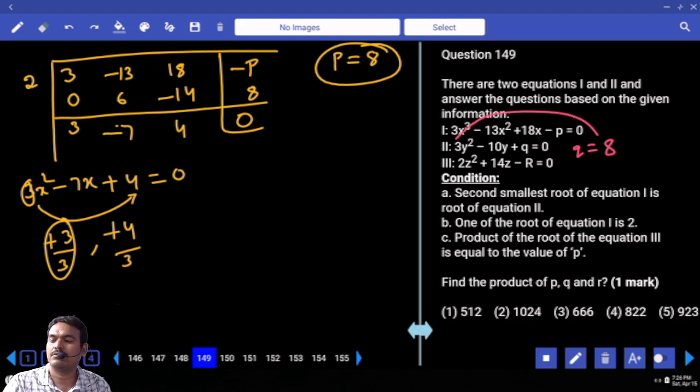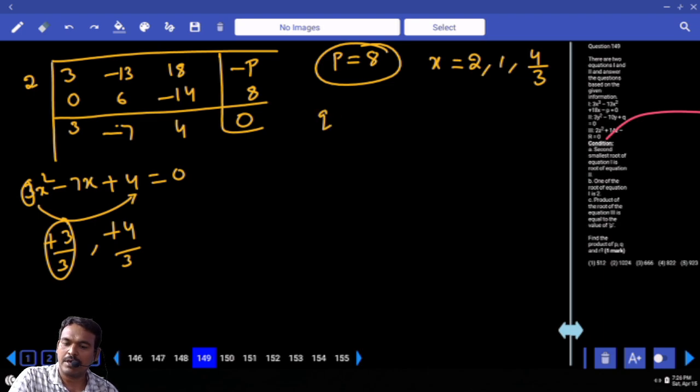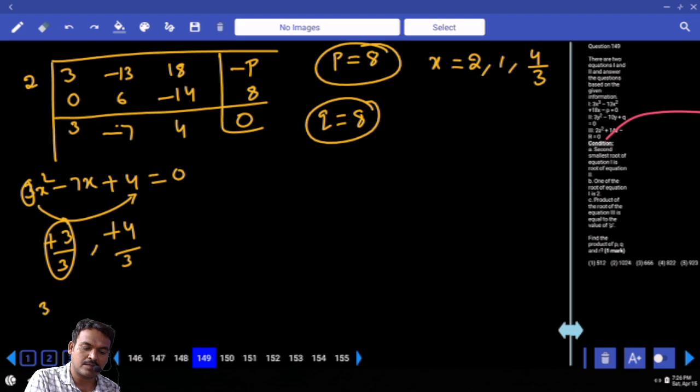3 times 8 is how much? 24. Product 24. Sum is how much? 10. 6 into 4. Q value is how much? 8. Q value is 8. What is the equation? 3y square minus 10y plus how much value we write? 8.